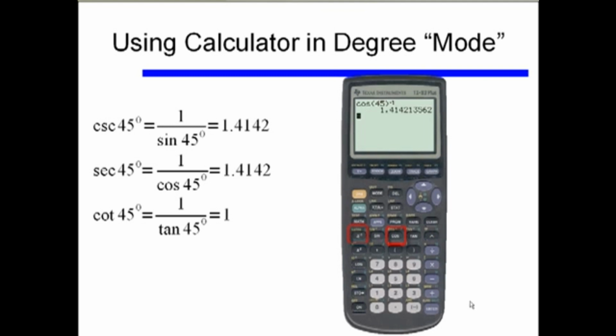And as expected, it equals 1.4142. The cotangent we'll find by taking the tangent of 45 degrees. And again, using the reciprocal button, well, 1 over 1, the reciprocal of 1 is still 1. And that's how you can use the calculator to find the reciprocal functions, cosecant, secant, and cotangent.